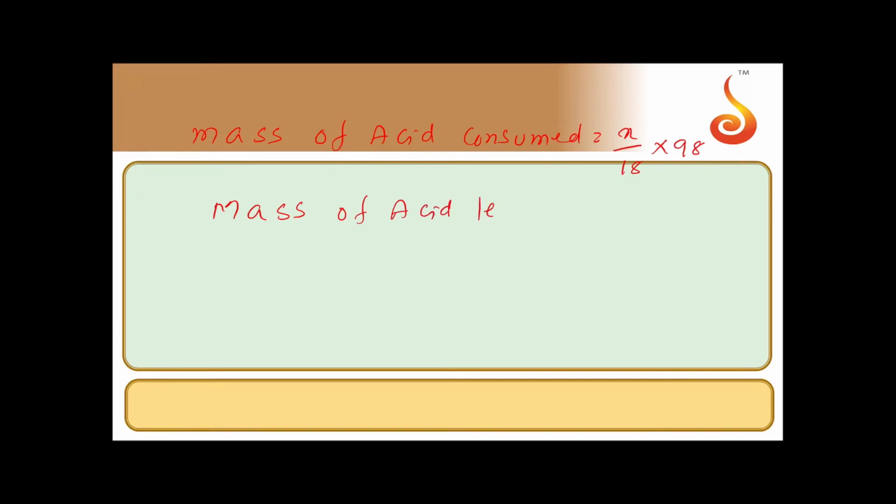Initially we have 436.3 grams of acid, of which x into 98 by 18 is consumed. Therefore, this value comes to 436.3 minus 5.44x. This is the mass of acid still left in the solution.